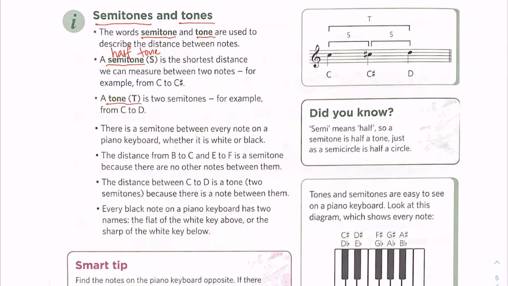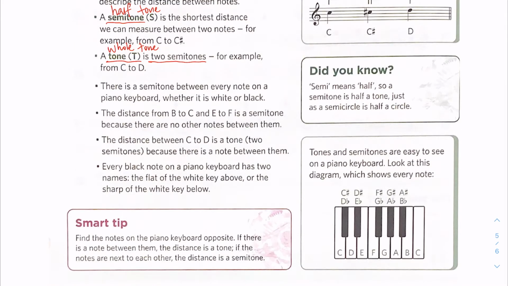A tone is two semitones. Just like when you have half a circle with another half circle, together you have a full circle. So two semitones, or two half tones, make one tone, or sometimes we call it a whole tone. For example, from C to D.